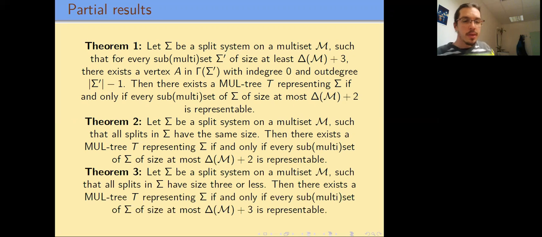And finally, if all your splits have size 3 or less, so if you only consider small splits, then we don't have the delta plus 2 bound, but we have delta plus 3, which for large multisets M is already much better than 2 times delta.